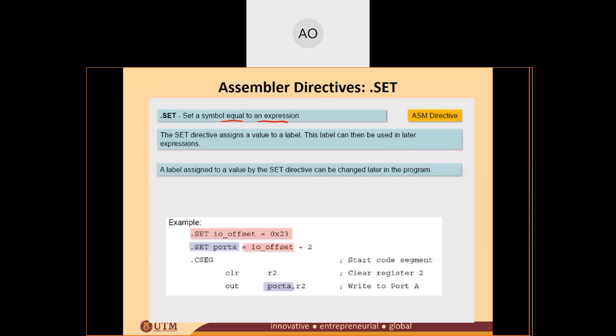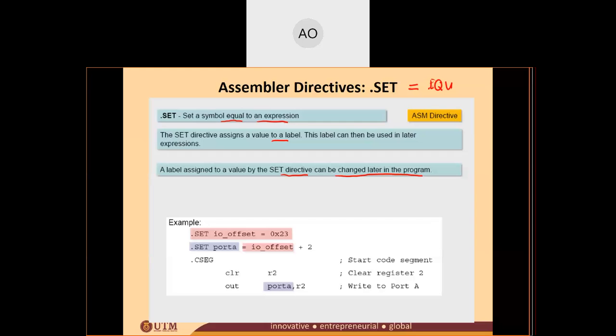This is similar to .equ, but there is a but. This .set directive can be changed later in the program, so you can change the value of the label later in your program.